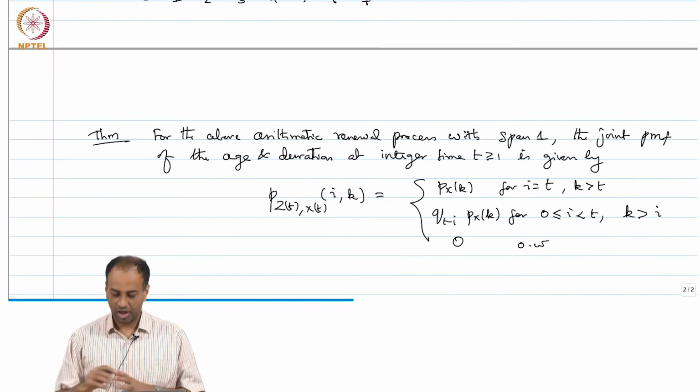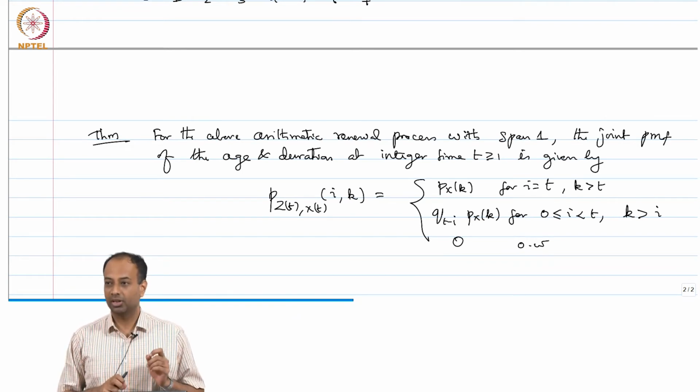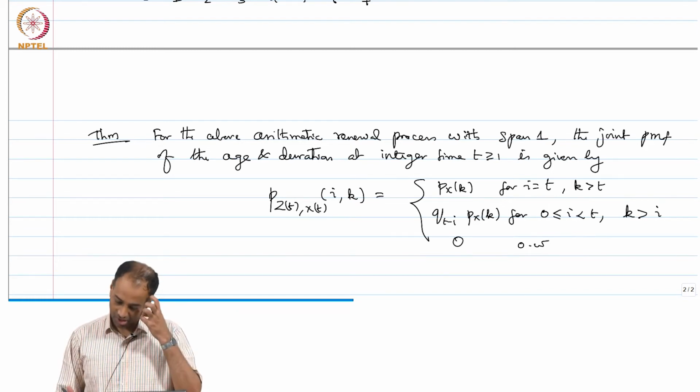So, I am looking at the joint PMF of age and duration at integer times t, and little i is the variable corresponding to the age and little k is the variable corresponding to the duration. We are saying that this is the joint distribution.